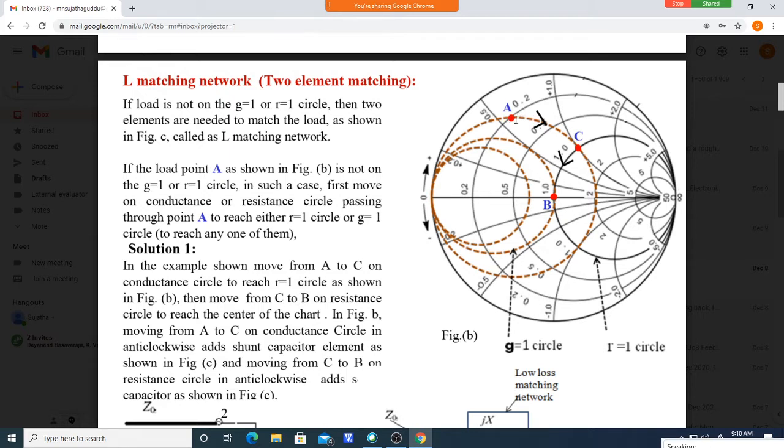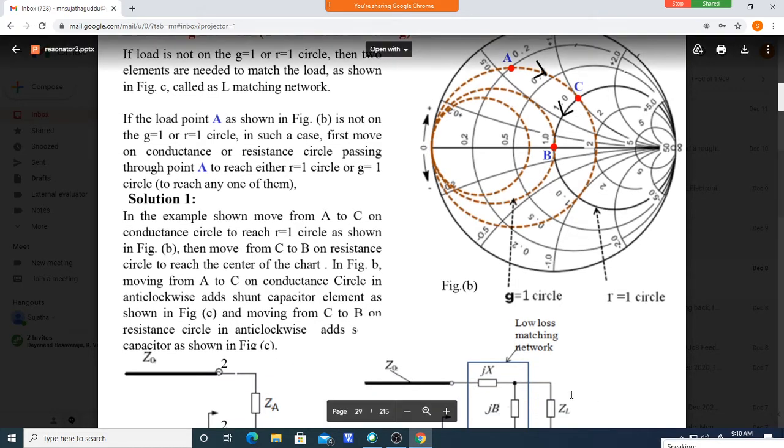You see here, I am moving in this direction, and if I move in this direction, I can reach this R equal to 1 circle. Once I reach the R equal to 1 circle, I can move to the center of the Smith chart. That way we have to decide first. So like this we can move, and from the movement you can obtain which element you have to add. So here this is the load here.